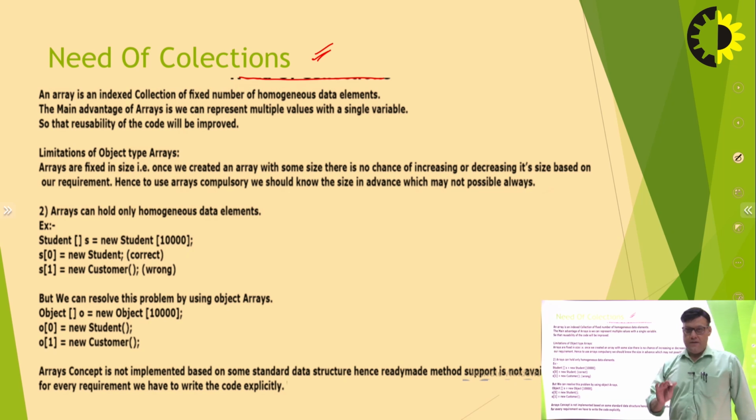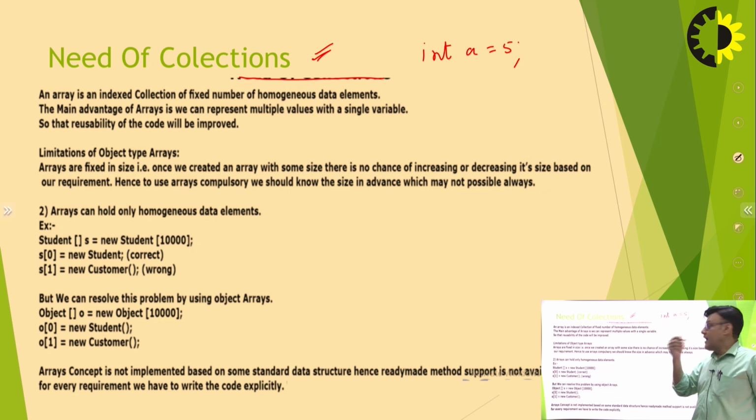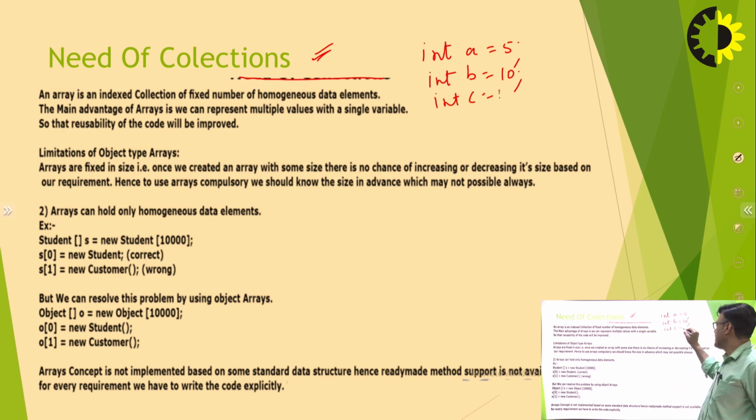We know that in programming we declare a variable like this: int a is equal to 5, and I have initialized this individual variable. Again, another variable I have taken, int b is equal to 10, right? Another variable, int c is equal to 15.